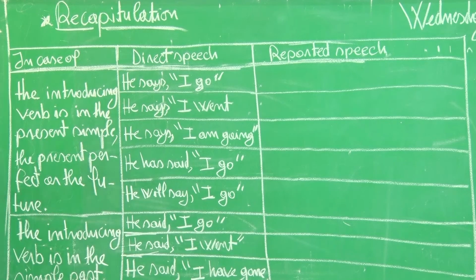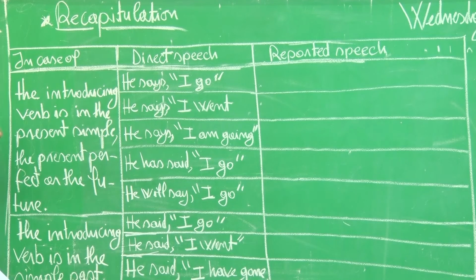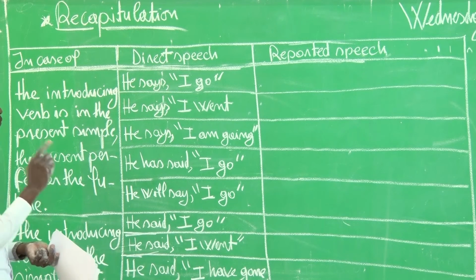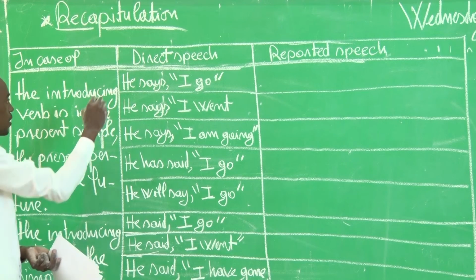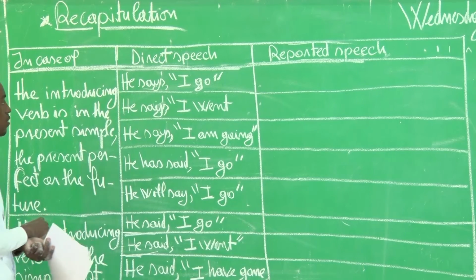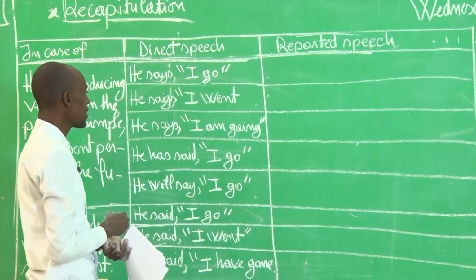Now let's turn these sentences into reported speech. What did we say? If the introducing verb is in the present simple, the present perfect, or the future, what should we do when we report a speech? Here the verb is in the present simple. In reported speech, we cannot change the tense.